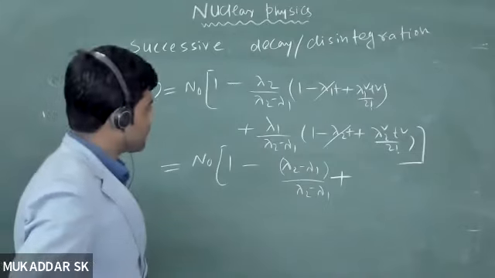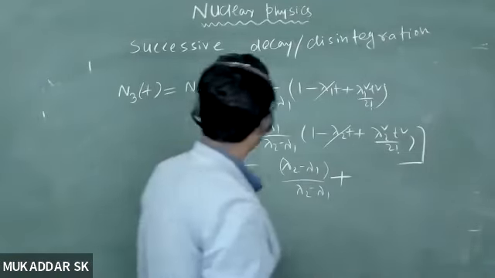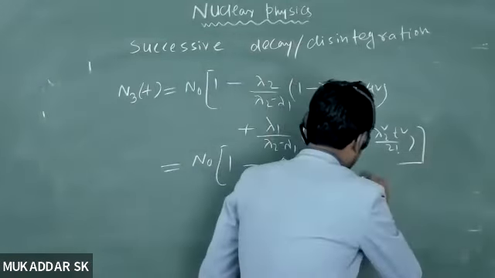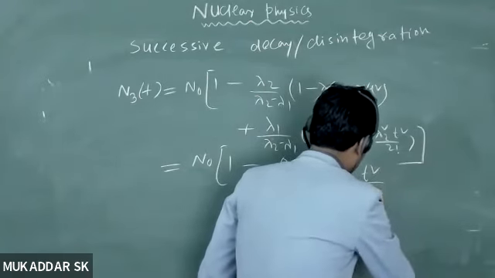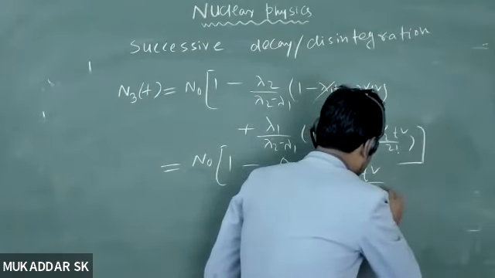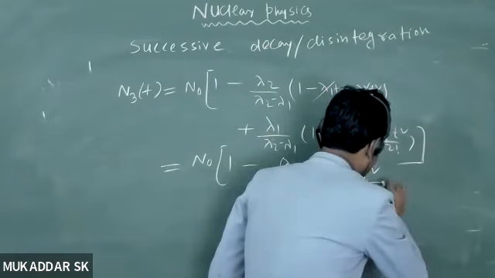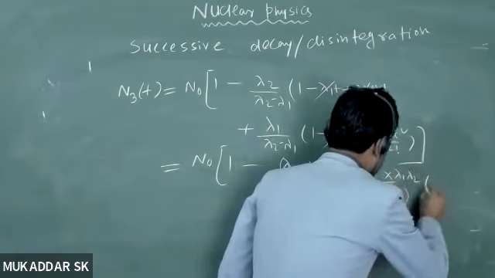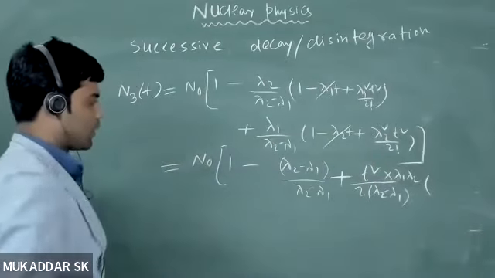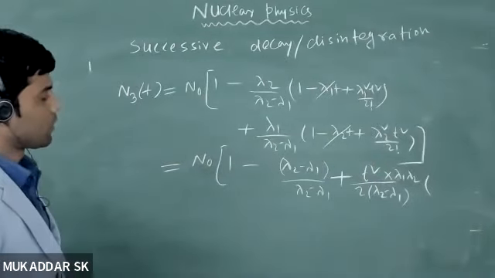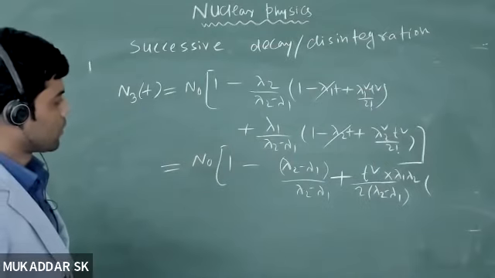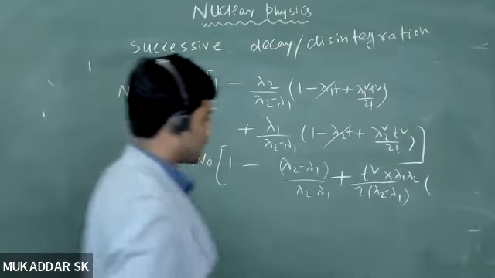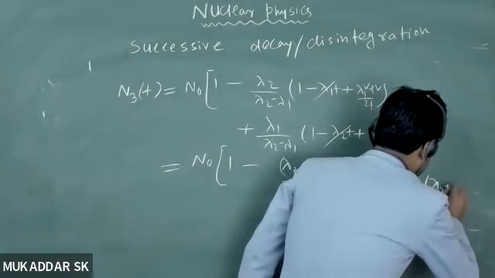So from this term I'll have the common factor t square by 2, as well as lambda 1 lambda 2, and I'll get lambda 2 minus lambda 1.